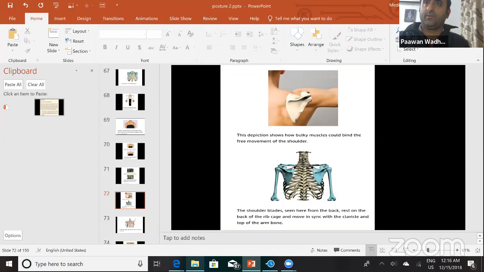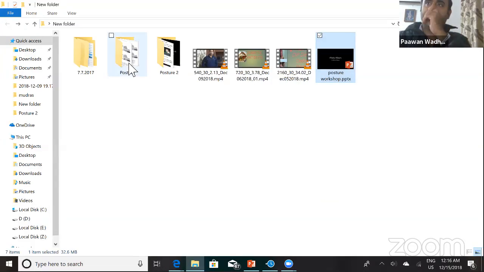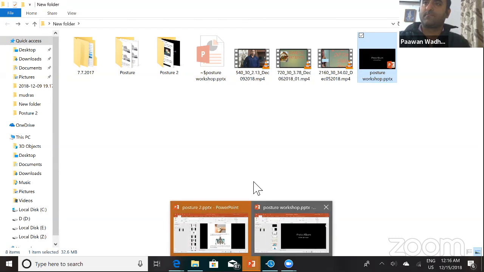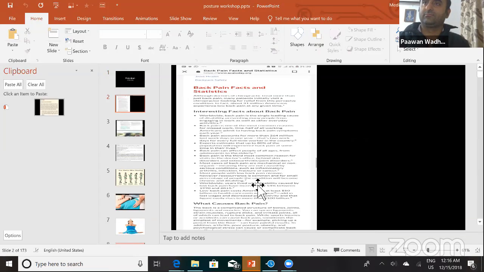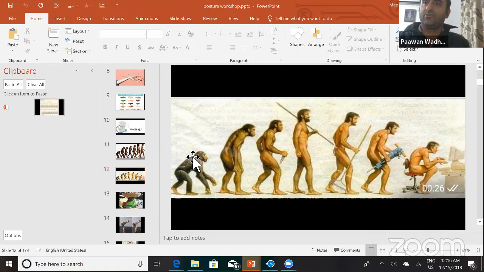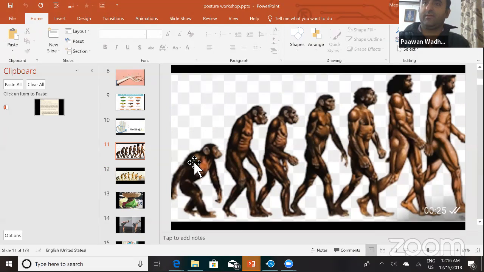I wanted to show you that the shoulders of the chimpanzee are actually backwards. If you see carefully here, the shoulders of the chimpanzee are backwards, backwards. Still, this man is walking with shoulders a little backwards.